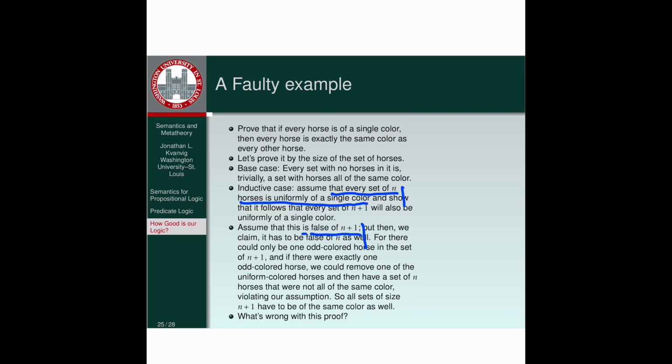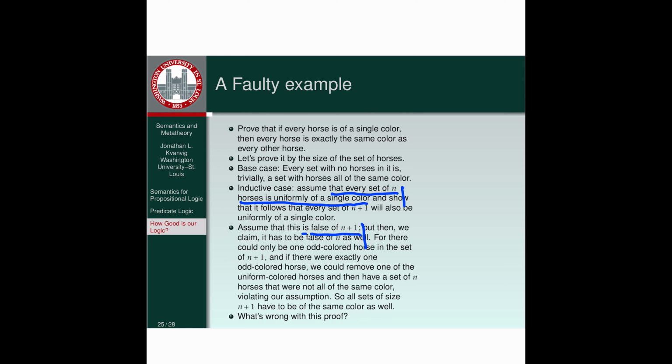So let n be 7, and n plus 1 is 8. You assume all sets with 7 horses in them are the same color. And then you assume that for the 8-membered set, there's one weird colored horse in there. But you can generate a set of 7 just by dropping any of those members.